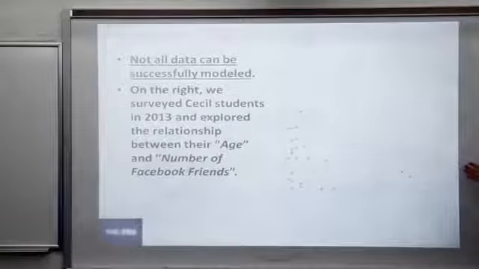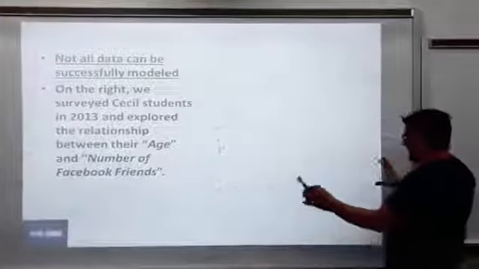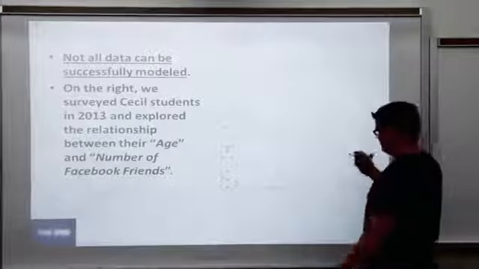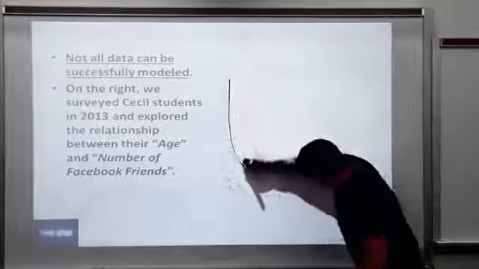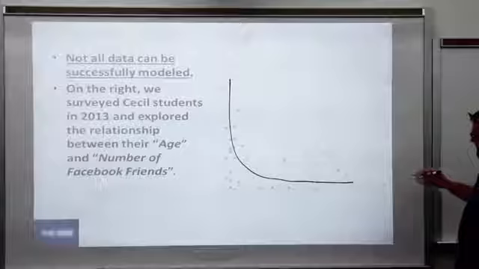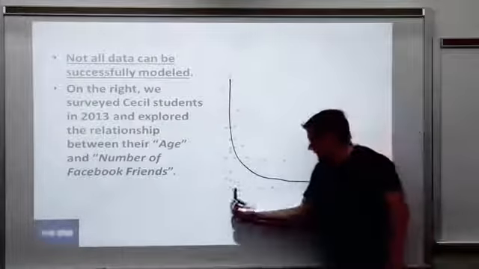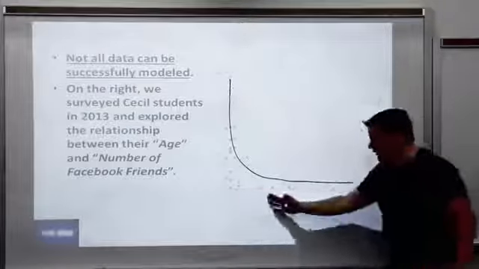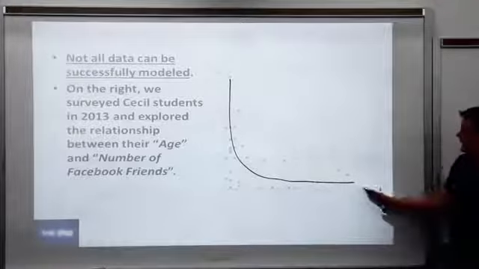Looking at number of Facebook friends versus age, the data are sort of all over the place. There's not a clear linear pattern. What I don't want you to start inventing is, oh, I can just fit a line with this data. I don't think that summarizes the trend. You know, if you're 20, you're guaranteed to have thousands of Facebook friends, and anywhere past 25, you basically have no Facebook friends. We know this is not the case.